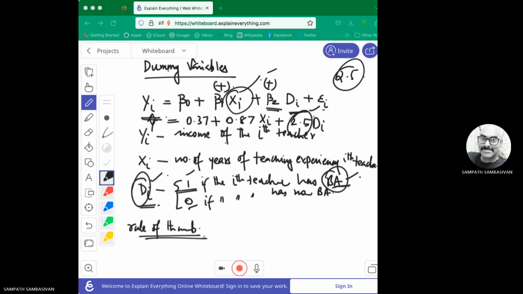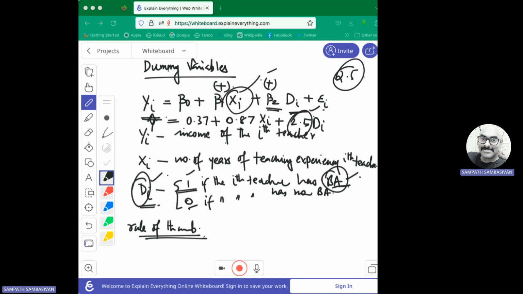Here, the variable yi represents the salary of a high school teacher. We are basically considering cross-sectional data. That is why we are using this notation i. So yi would represent the salary of the ith high school teacher.